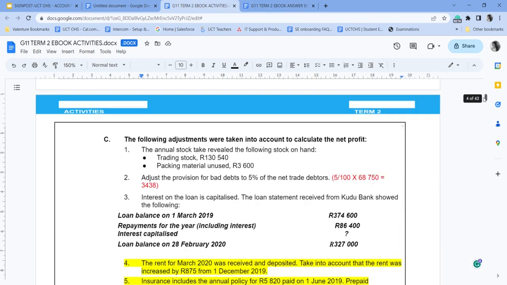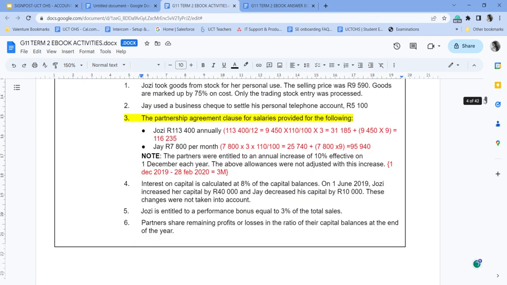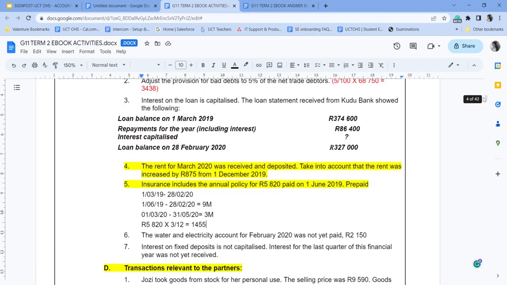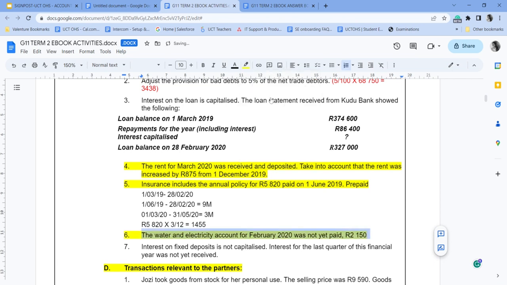So additional information for water and electricity, I am looking here. Okay, yes, we have it here, number 6. So number 6, they're telling us that water and electricity for February, at the end of this accounting year, on that final month, we did get the bill for that month, but we have not paid for that month.